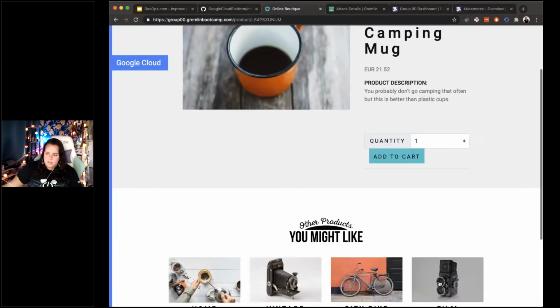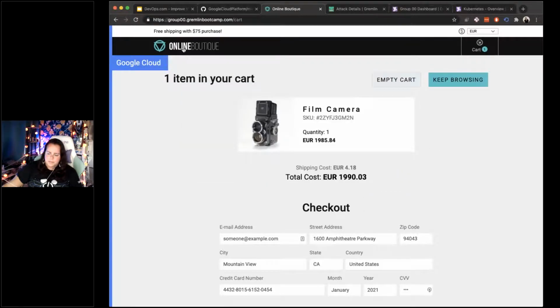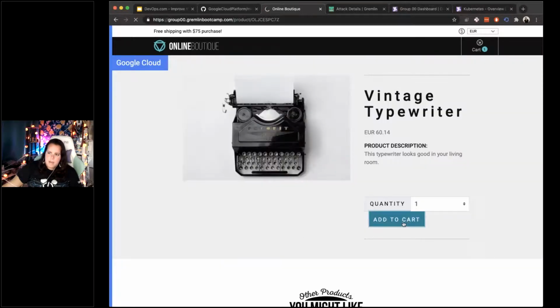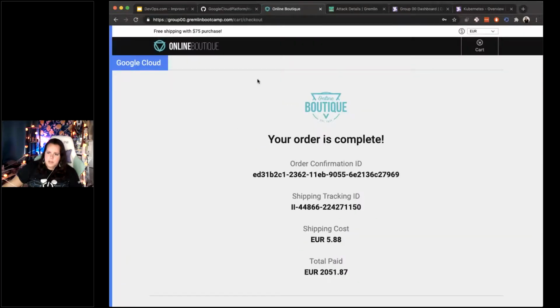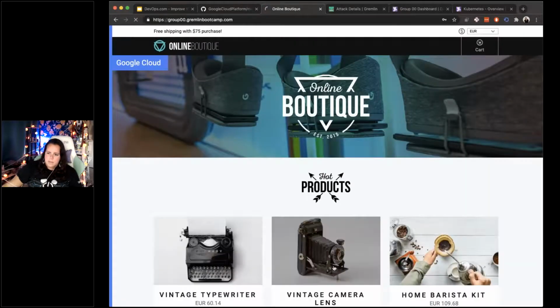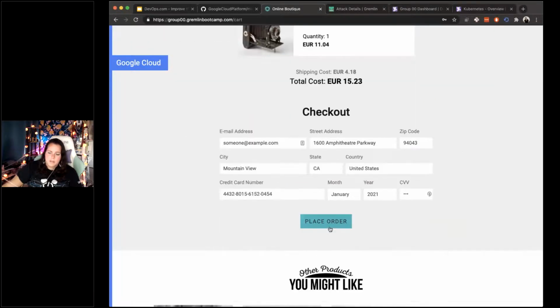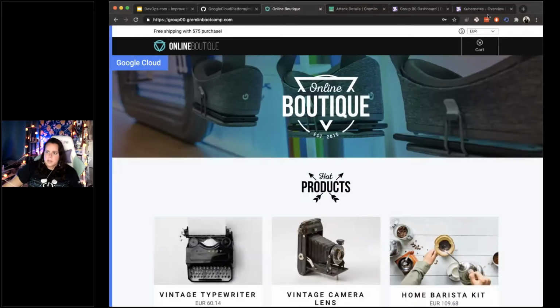Everything in terms of just browsing around seems to be going okay. Add my vintage typewriter, check out, place the order. Awesome. At least with the 400 milliseconds of latency added, it's acting really, really smooth.